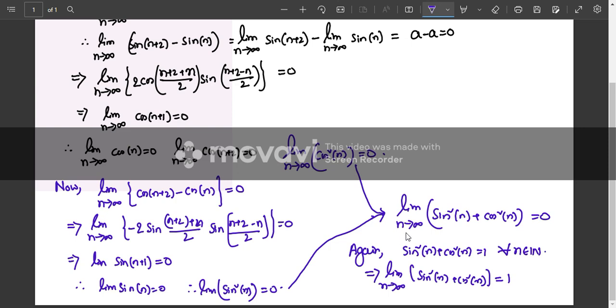Here we get one thing and there we get another, so we get a contradiction. Therefore we arrived at a contradiction, so our assumption is wrong. So the limit of sin n does not exist. So this is false.